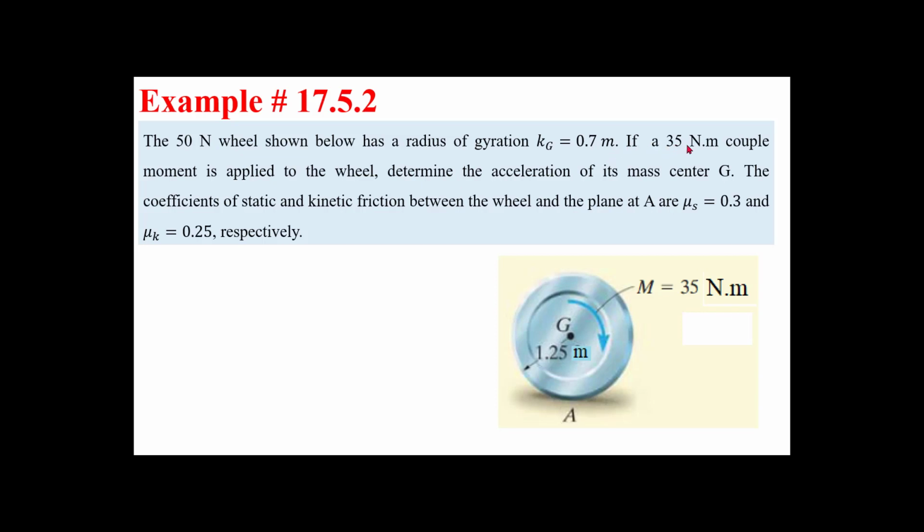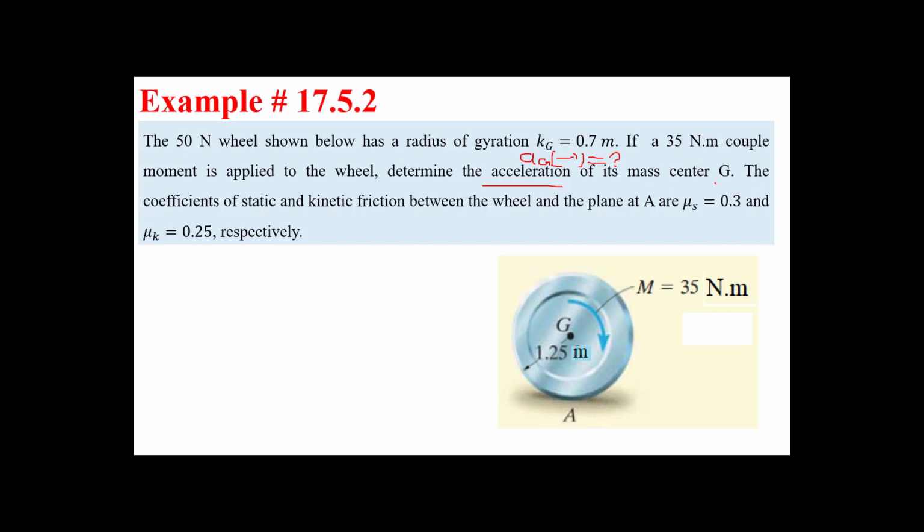If a 35 Newton meter couple moment is applied to the wheel, determine the acceleration of its mass center G. If it rolls in this direction, then the acceleration will be in this horizontal direction, but we do not know its magnitude.